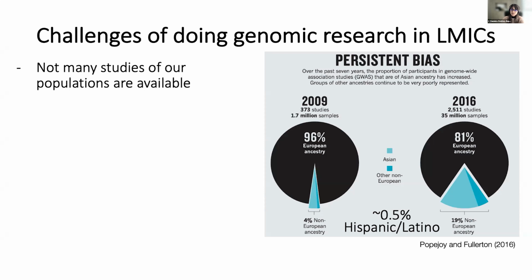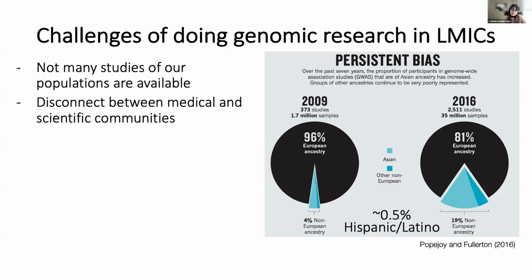So from our perspective, we need to start with a baseline, which means in some cases performing studies in our local populations that have already been done in other populations. Hopefully these will set the basis for knowing the genomic architecture of cancers here and allow us to find results that are directly applicable to our populations.